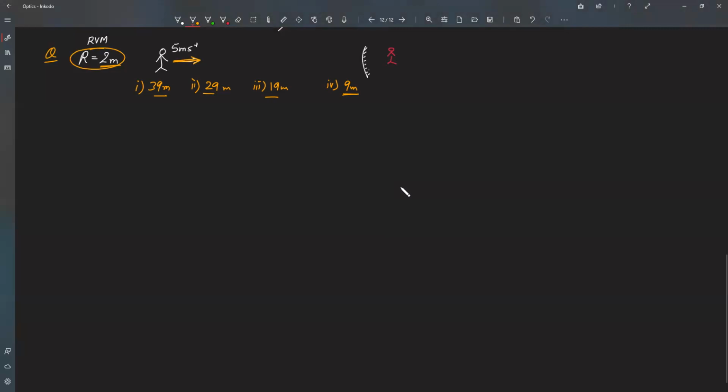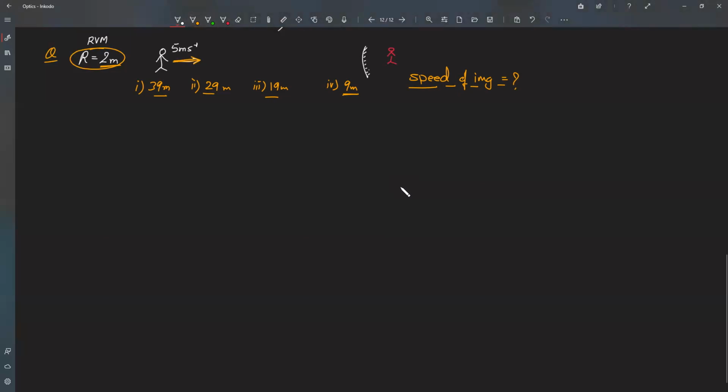Now, can you tell me what will be the speed? In all these cases, you have to find the speed of the image. Obviously, because the object is moving, the image will also be moving. So what will be the speed of the image in all these four cases? That is what you have to find.